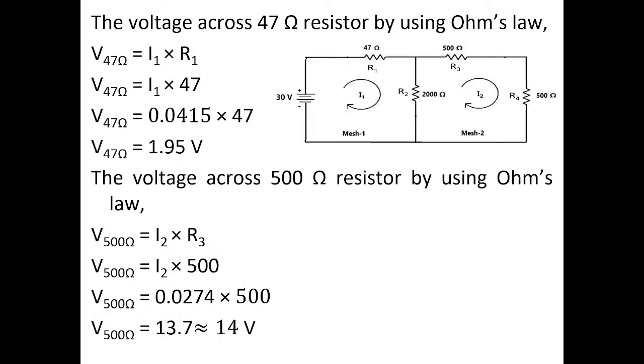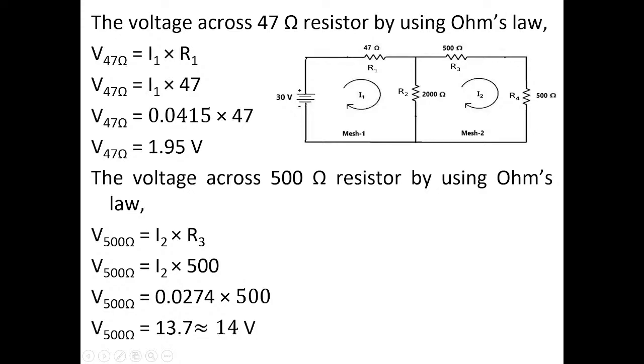Since R3 and R4 are the same, even if you determine the voltage drop across one resistor, that is more than sufficient. The current flowing through R3 is I2, and the current flowing through R4 is also I2. So no need to calculate twice, but I have calculated here. The voltage across 500 ohms is I2 into R3, that is I2 into 500.